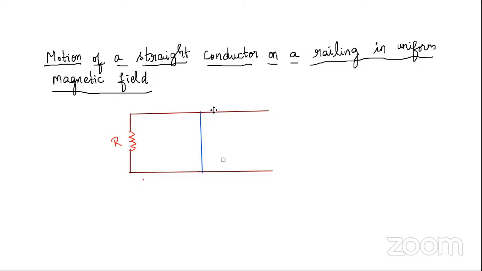The straight conductor has the length, represented by small letter L.